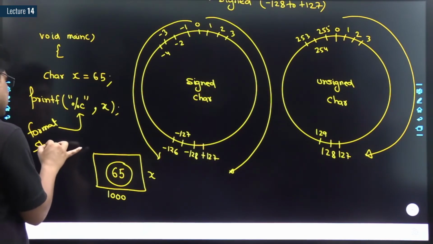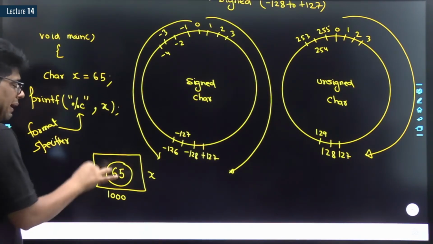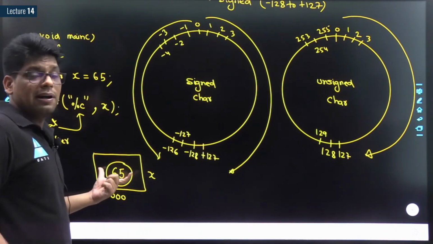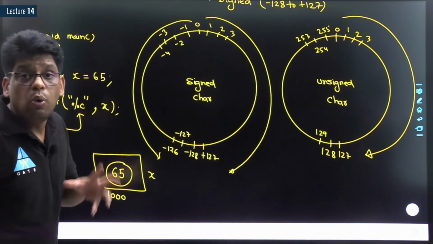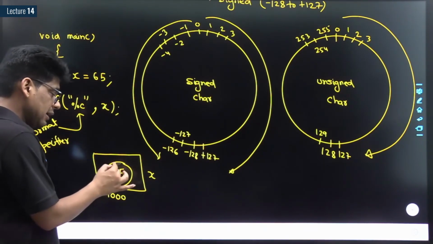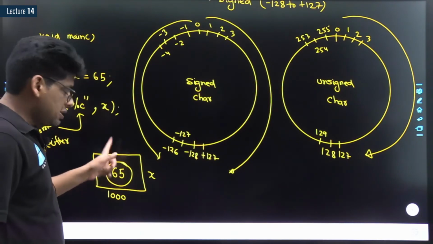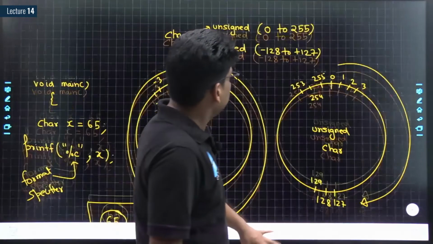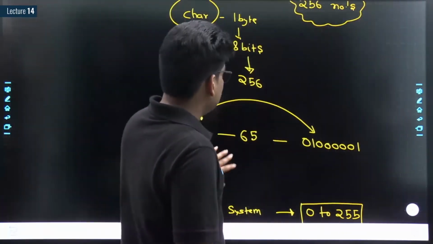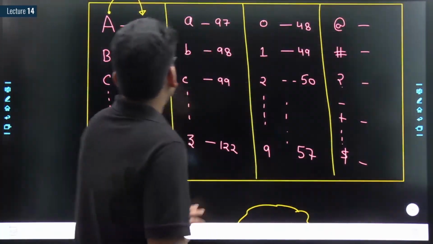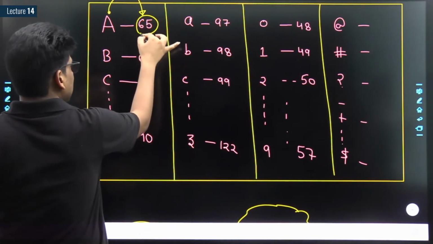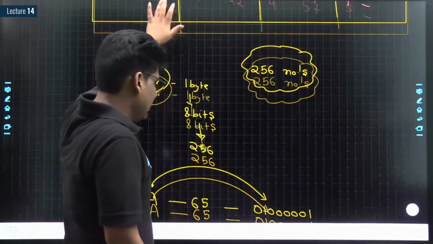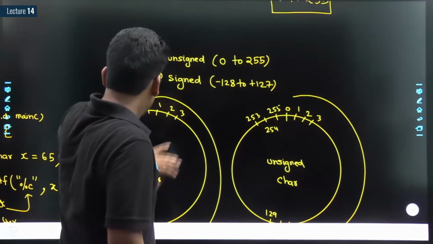What are we saying to the compiler? Oh compiler, don't treat this integer as a number. Treat this number as a character. Which symbol corresponds to the Ascii code 65? Sir, the Ascii code 65 is given to A. That is why, what is the output of this particular code?